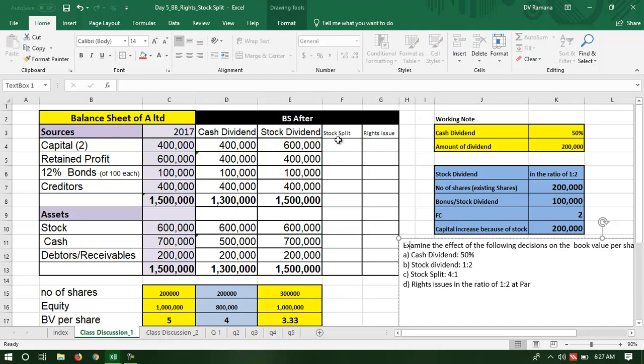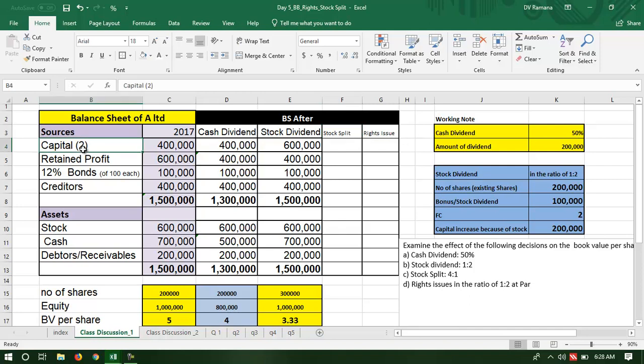Now let us see the impact of stock split on the original balance sheet. In case of stock split, the stock split happens by just changing the face value of the shares, or in fact reducing the face value of the shares.